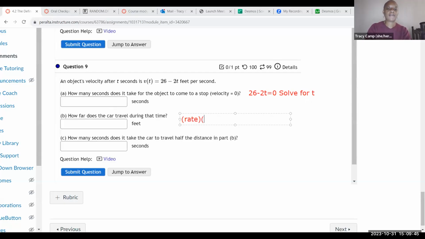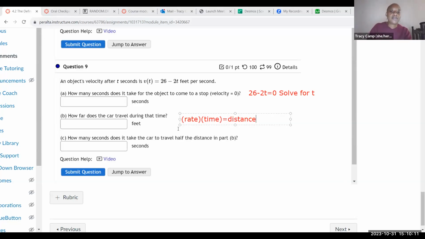Rate times time equals distance, right? Rate times time equals distance. Like if I drive 60 miles per hour for 3 hours, I will have driven 180 miles, right? 60 times 3, rate times time.